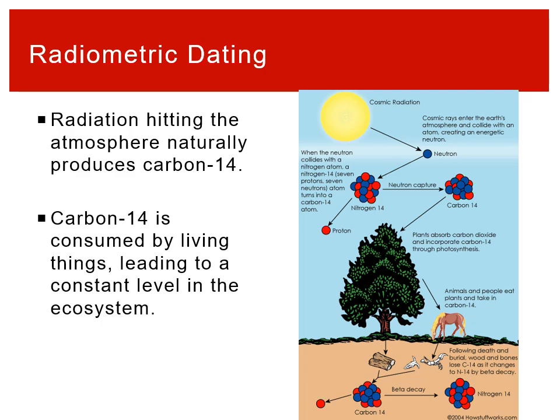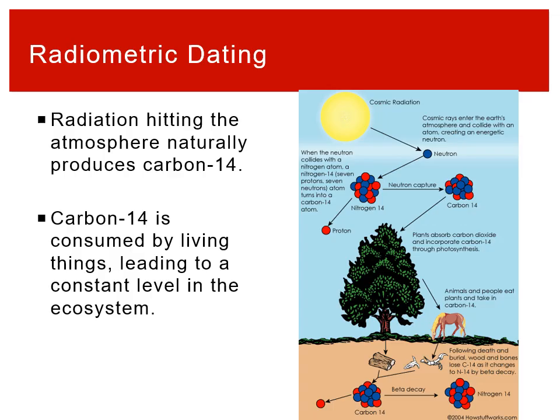These atoms are out there in the atmosphere, and what ends up happening is they get consumed and incorporated into living things. So there's carbon-14 in the atmosphere that goes into, say, plants. Animals eat plants, and so they then have carbon-14 inside of them. You have carbon-14 isotopes inside of you right now that are potentially undergoing nuclear decay.